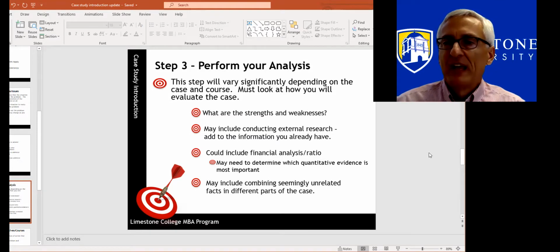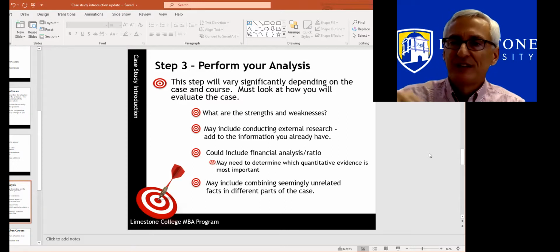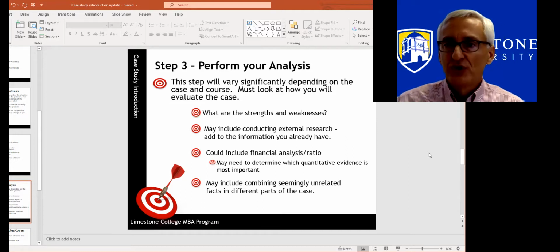So for example, using the whole retention thing, a recommendation for Harvard that might cost a few $1,000,000 is definitely implementable for Harvard. That same recommendation for Limestone may not be a viable recommendation. So you do have to make sure that your recommendations are actually viable for whatever company you're doing the analysis of.